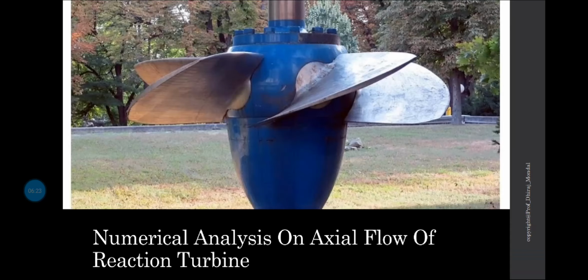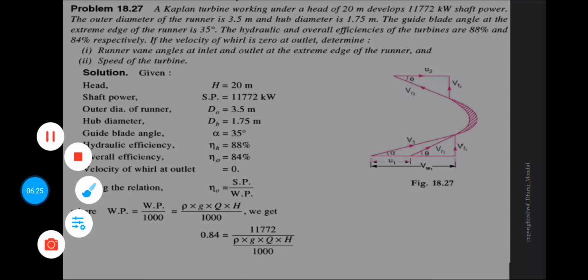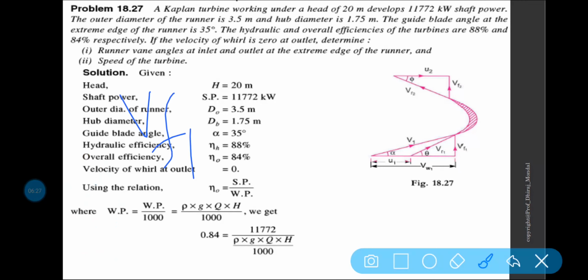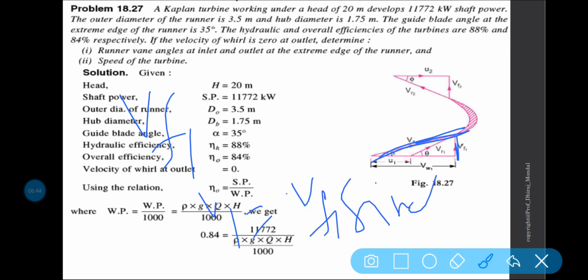As I have got vf1, I can find out the other things. Alpha is given, so vf1 is known, so v1 you can find out, because we know that v1 is equal to vf1 by sin alpha. So can I find out v1?